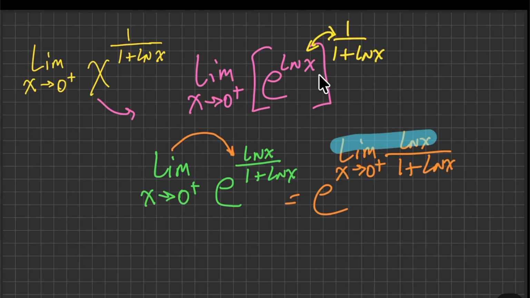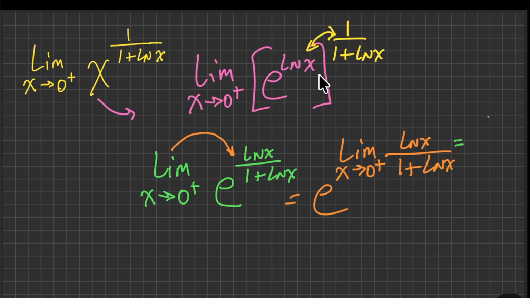Now, folks, we're going to go ahead and do this limit. Okay, to do that, if we plug in 0 plus, we're going to have negative infinity over negative infinity. Therefore, that is L'Hopital's friendly. We're going to take the derivative of the numerator and the denominator.